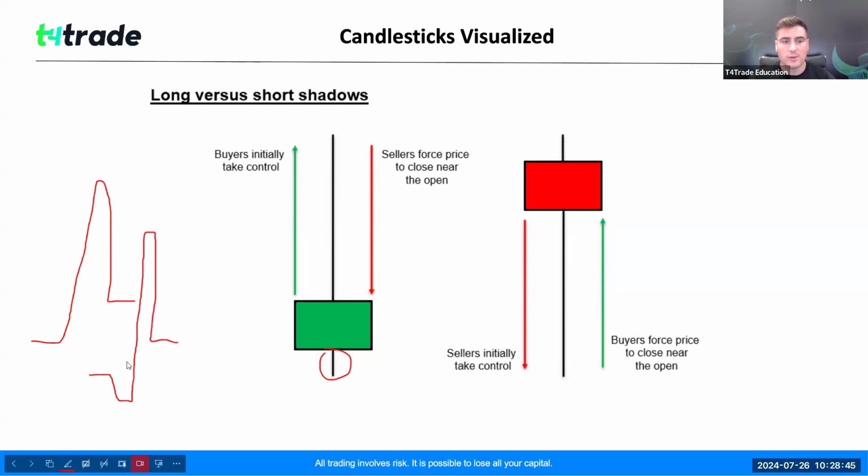So what do we see here if you just put a real body candlestick here? It is pretty much the same thing. This is the open price, this is the close price, this is the lowest of the day, so the shadow, and this is the highest point of the day. So this is the high, this is the low, this is the open, and this is the close.